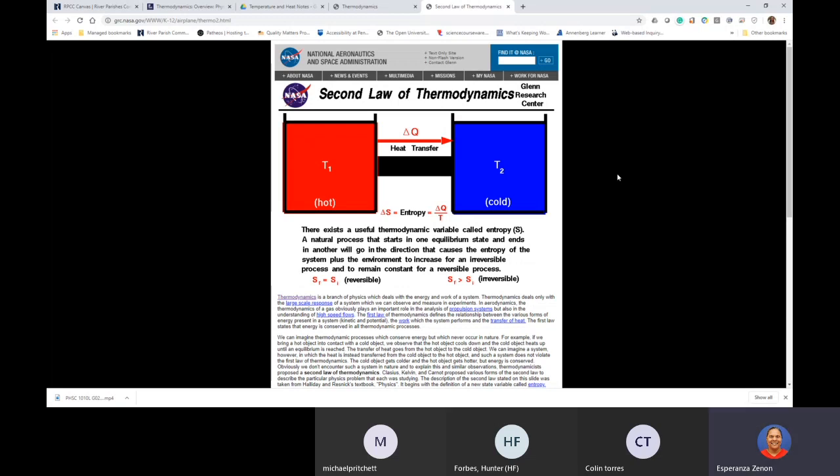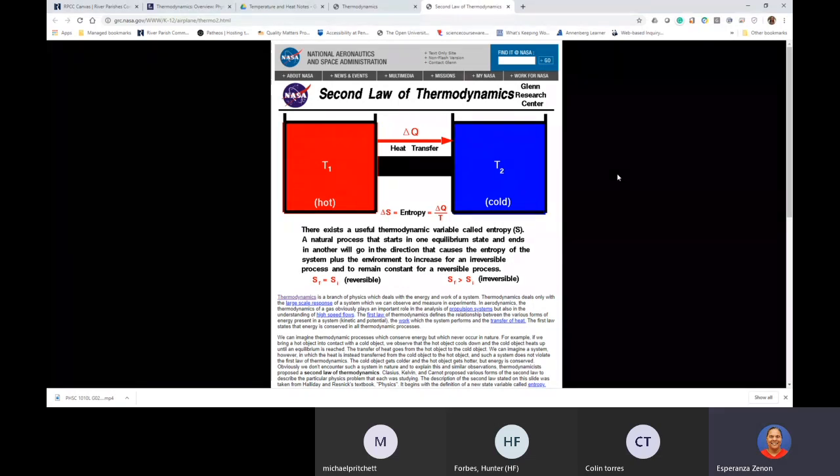Okay. Now, what about these reversible processes? So let's say that there's a reversible process. Well, it means you can undo what was done. And you would think, well, if I undo what was done, maybe the entropy will go down, right? Because if it's an irreversible process, the entropy goes up.